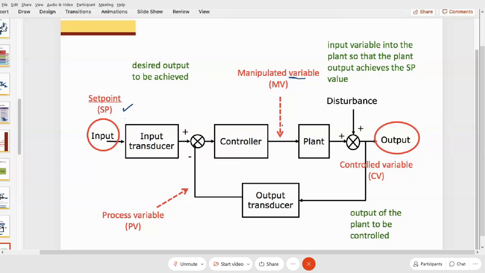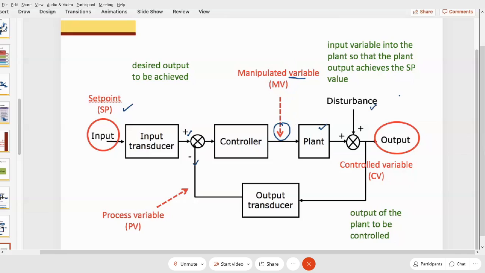This value varies depending on the difference between the input and the output signal. The manipulated variable drives your actuators, your pump, your heater and so on. And then this is your plant.